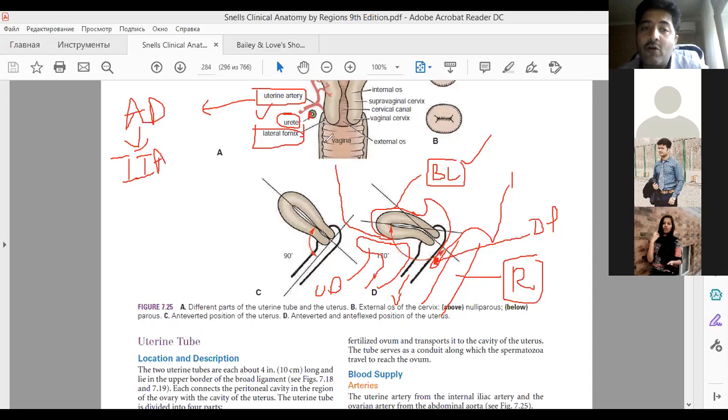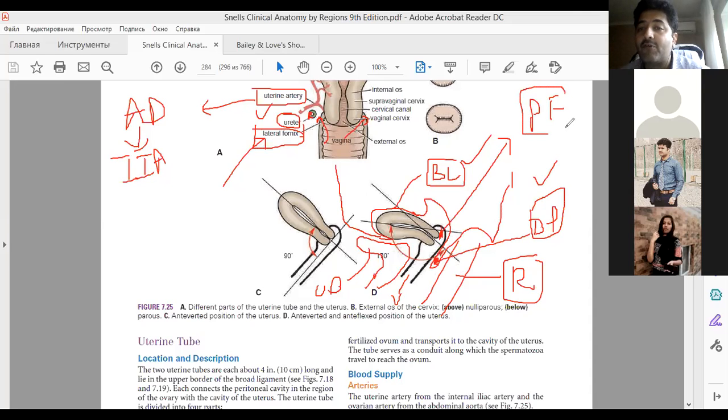Okay. So if I want to palpate or check the ureter, the relation, we will go through the lateral fornix. But if I want to enter into the Douglas pouch, I will use this fornix of the vagina, and this fornix of the vagina is your posterior fornix.